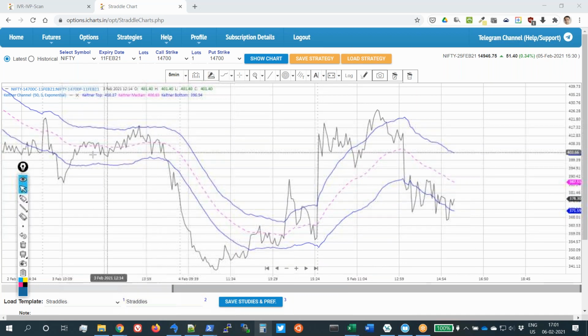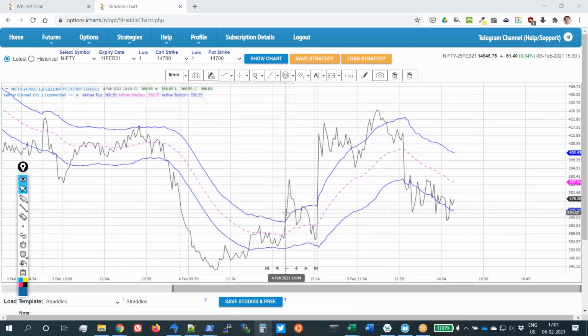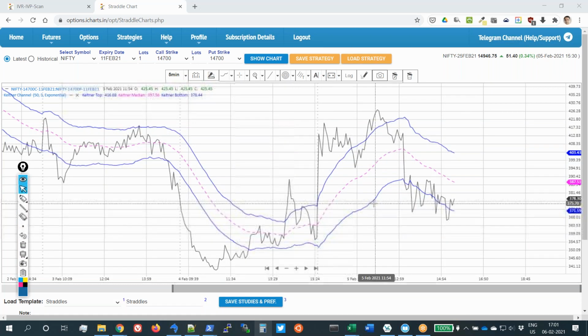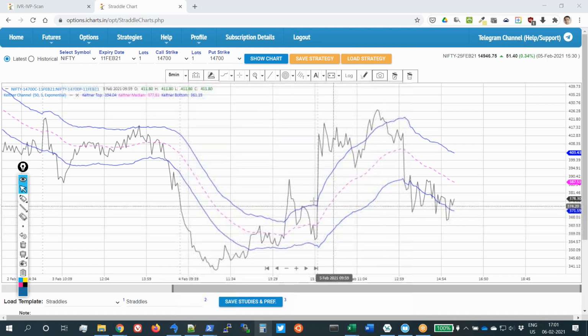The idea is to keep the straddle price within this or below this band. Whenever it closes above this band, that is the time to adjust. Basically, you just change the strikes, and then you get it below the band, and then you continue with the trade.